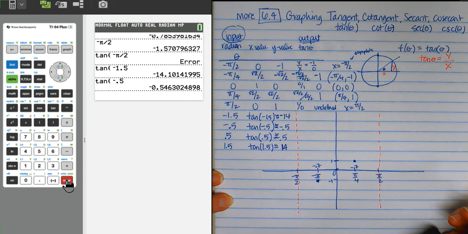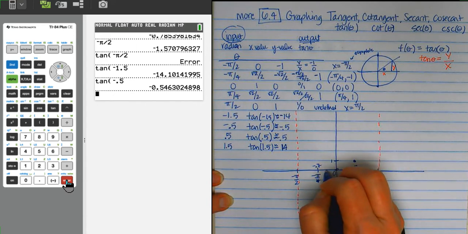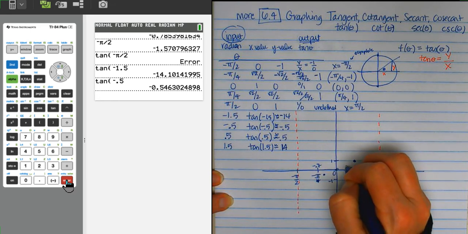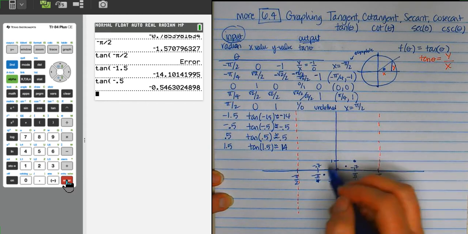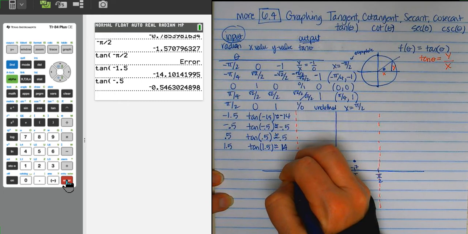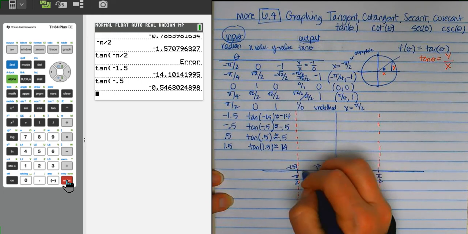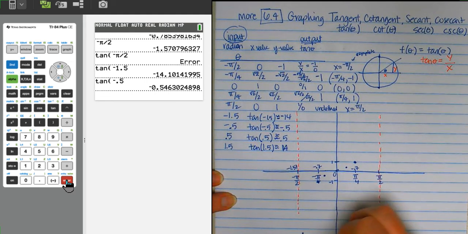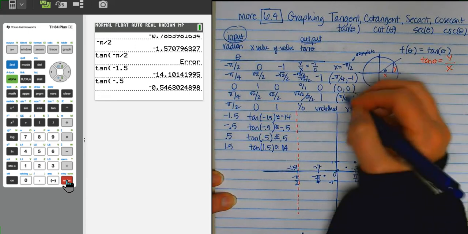So here's what the graph looks like. It goes at about -0.5, it's negative 1/2, and at 0.5, it's positive 1/2. But when we get really close to negative pi over 2, which is negative 1.57, it goes all the way down to -14, which we're just going to estimate to be somewhere there.